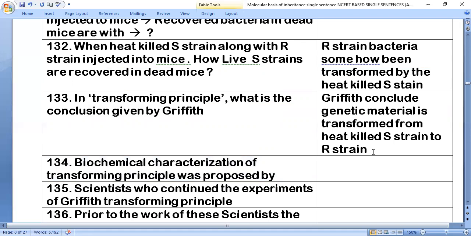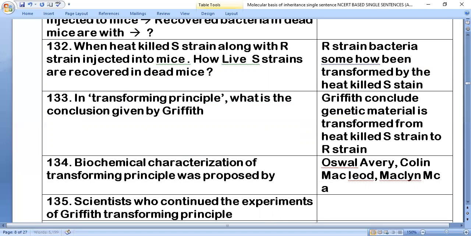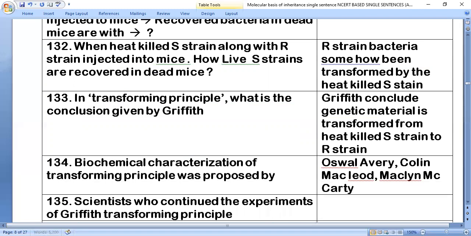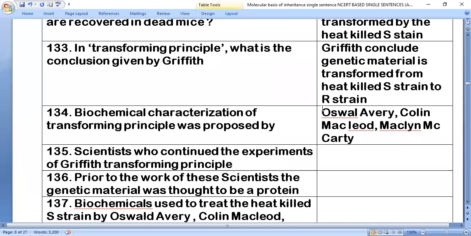Biochemical characterization of the transforming principle was proposed by Oswald Avery, Colin MacLeod, and Maclyn McCarty. These scientists continued the experiments of Griffith on the transforming principle.